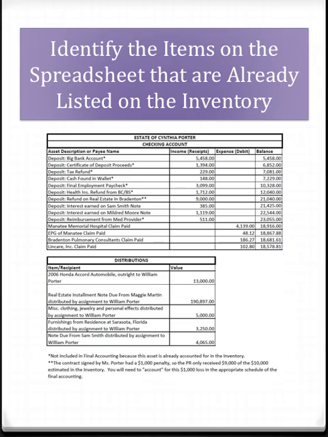All right, so the next slide, going back to the same spreadsheet of the Cynthia Porter estate, and if we look at the checking account section, this top part, that's where we're going to find items that might belong on Schedule A. We already identified in this footnote down here that some items with the asterisk are not going to be included in the final accounting Schedule A, because they're already in the inventory.